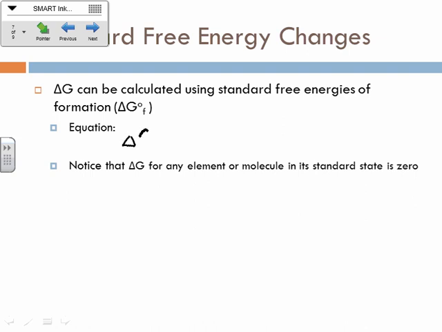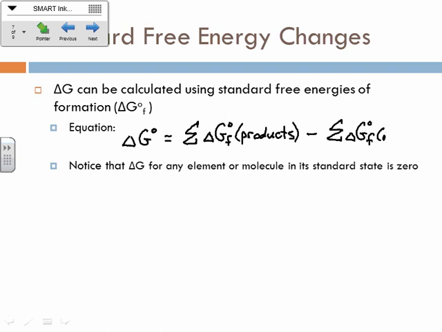The delta G for a reaction is the sum of the delta G of formation of the products, and I left out the N and the M here. I'll come back and get those in a second. Minus the sum of the delta G formation of the reactants.